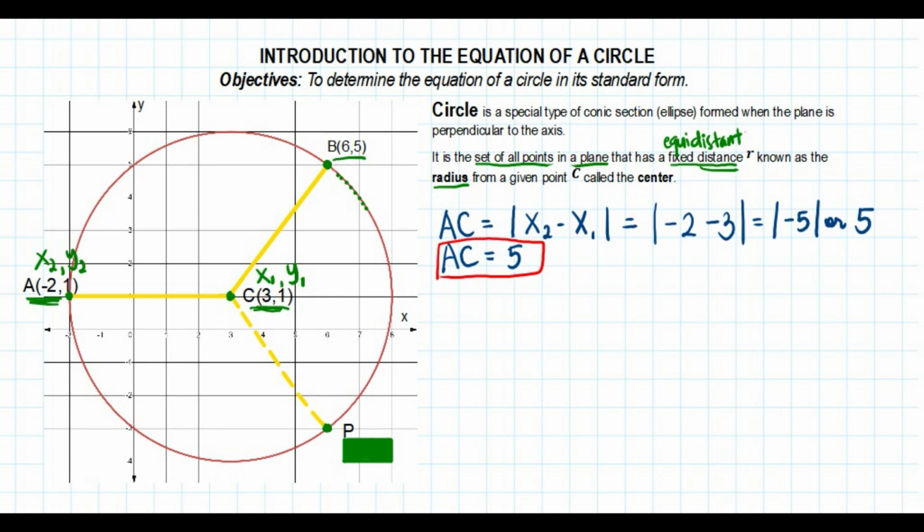Now, let's look for the distance between point B to center or center to point B. So, lagay natin B, C. Gagamitin natin is the general formula for distance, which is the square root of the sum of the squares of x sub 2 minus x sub 1, y sub 2 minus y sub 1. Let's substitute all of them.